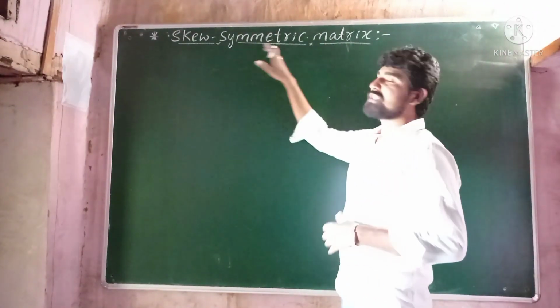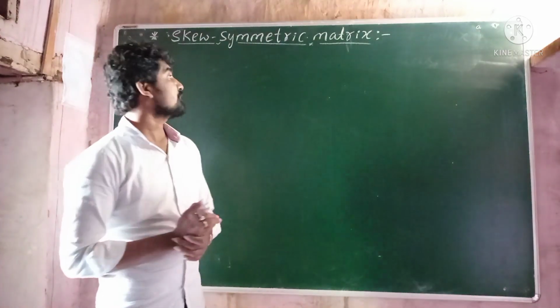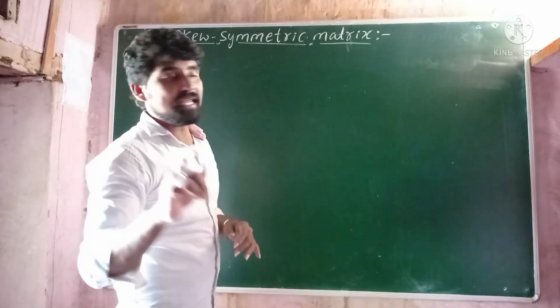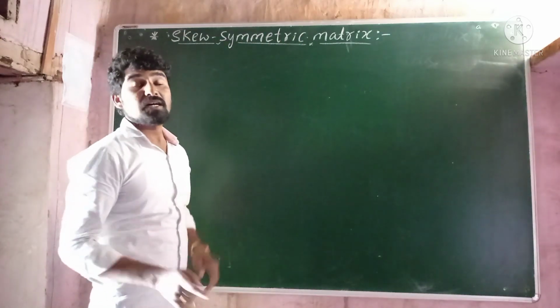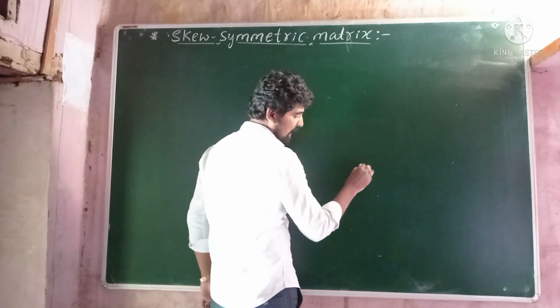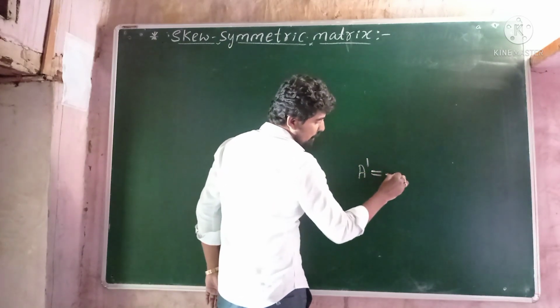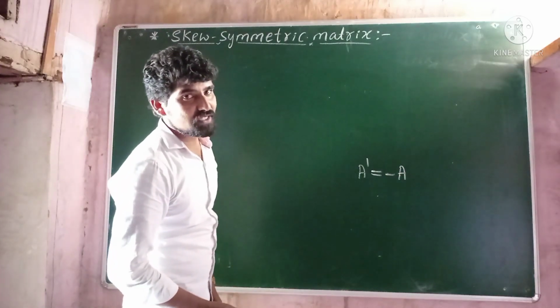Next one is skew symmetric matrix. So what is meant by skew symmetric matrix? A square matrix A is said to be a skew symmetric matrix if transpose of the matrix A, means A dash, is equal to minus of the matrix A. I hope all of you understood.